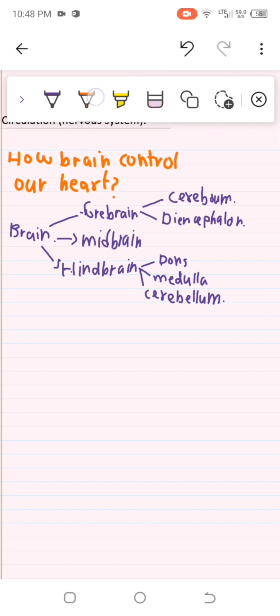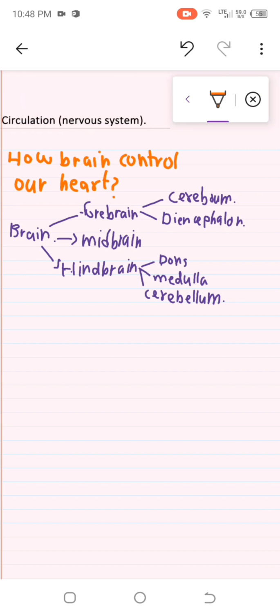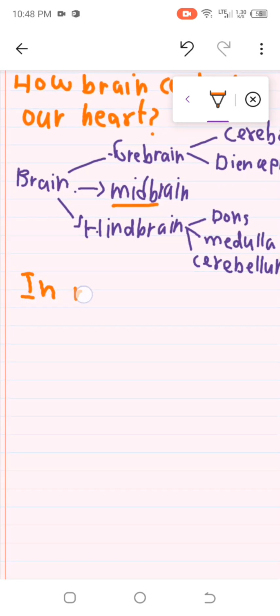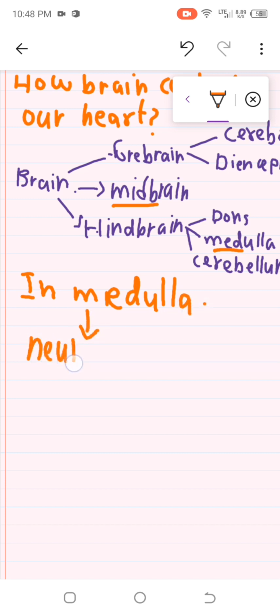As you can see, here we have the medulla, which is the second part of the hindbrain, in which neurons are present.